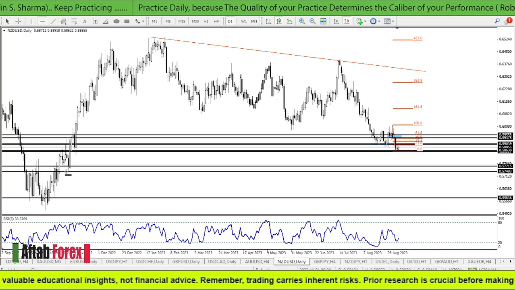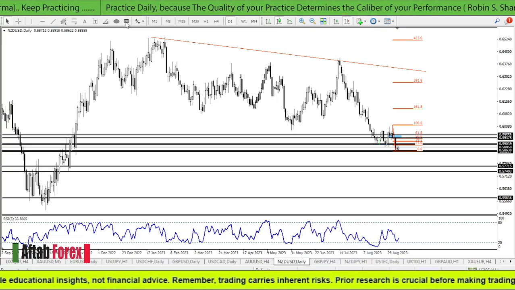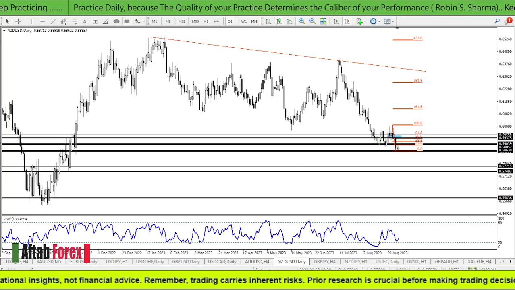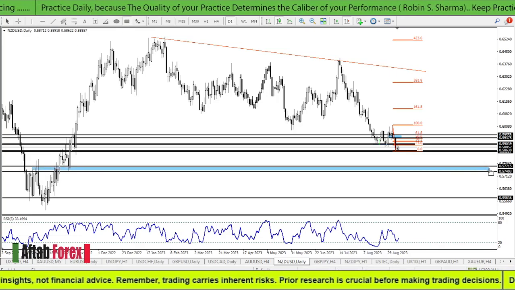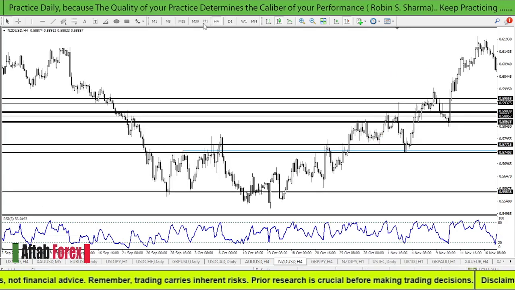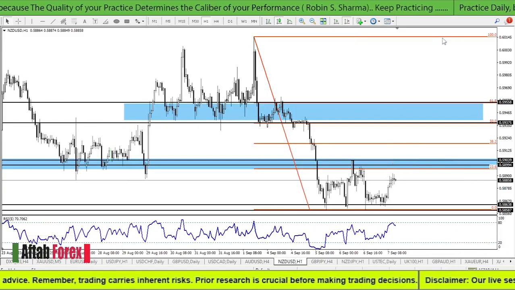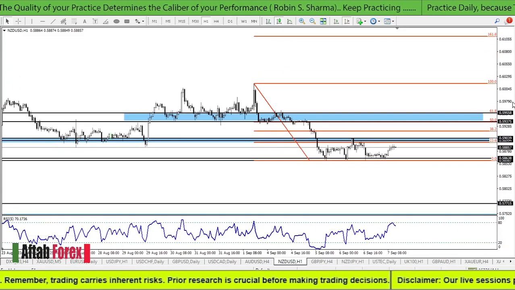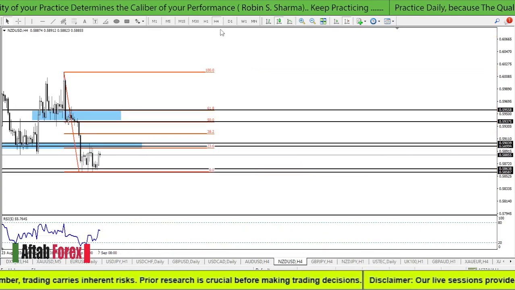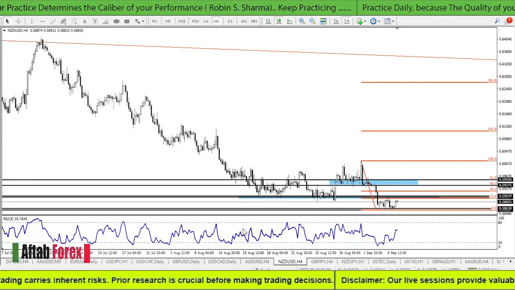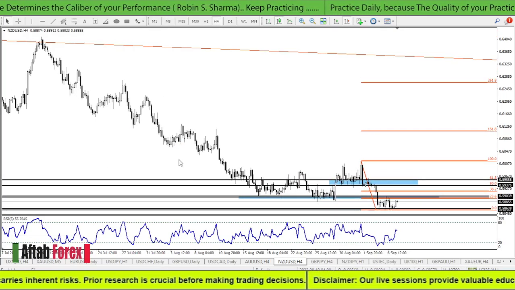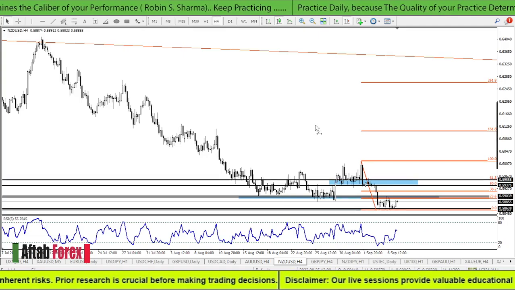Remember, forex is not a very difficult thing to do, not at all. You just need to understand these levels, and I'm doing it all in front of you, so that if you have any sort of problems, you can understand that. See how beautiful and well structured a trade opportunity we have got. Let me do it this way, show you.